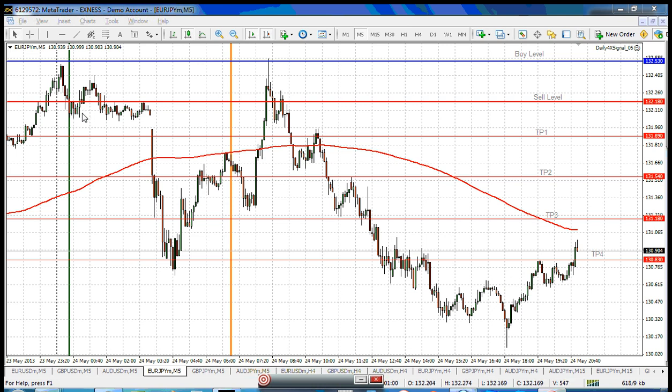Well, the answer is very simple. What we do is we wait for price to enter back into our consolidation zone area. The consolidation zone area is defined as nothing but the area between the buy and the sell levels.